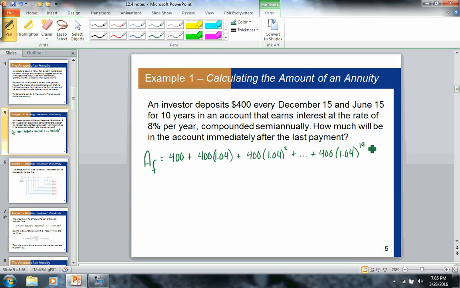So this ends up looking a lot like a geometric sum. And what we're multiplying by, our ratio, is the 1.04.